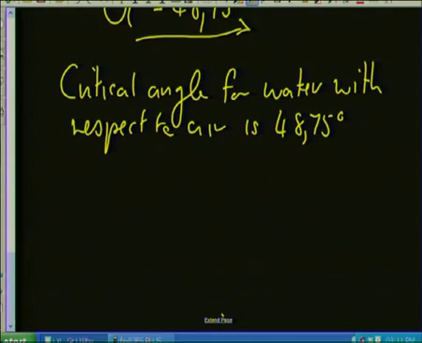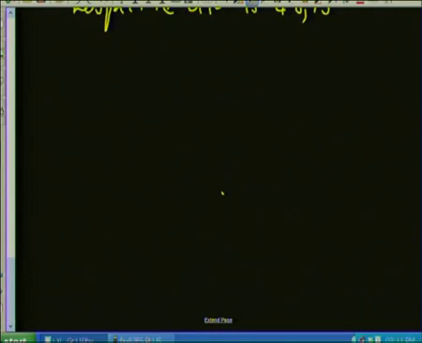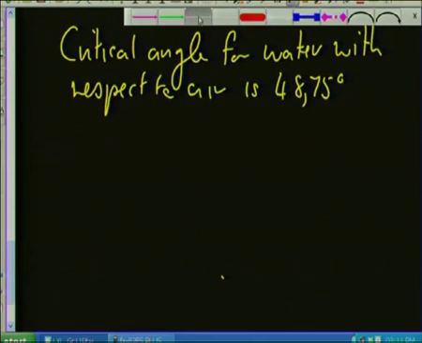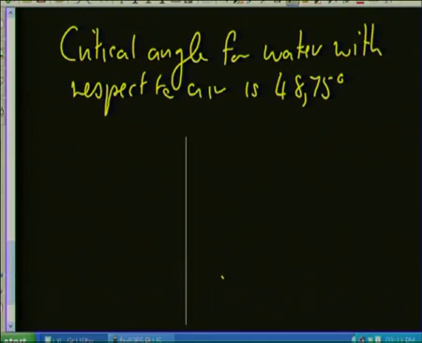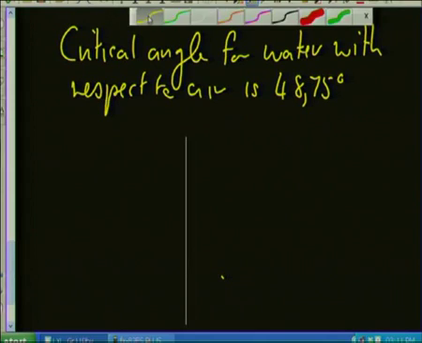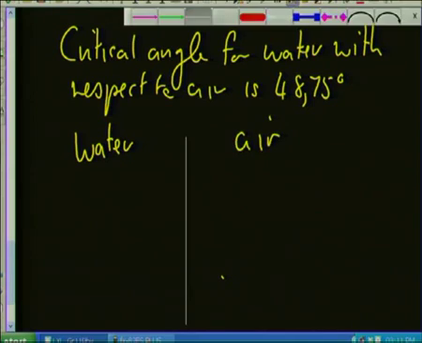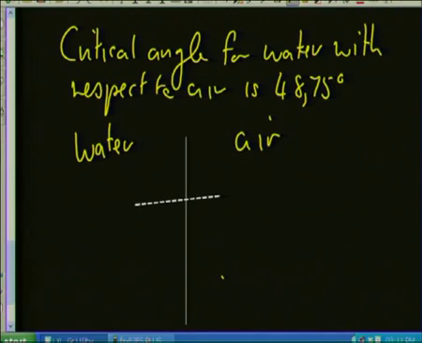Well, let's just do a couple of drawings so that you've got it very clear. If I have my interface here, and if I have water on the left, and I have air on the right, and I'm going to put in a couple of normals here, just to give you the three cases.